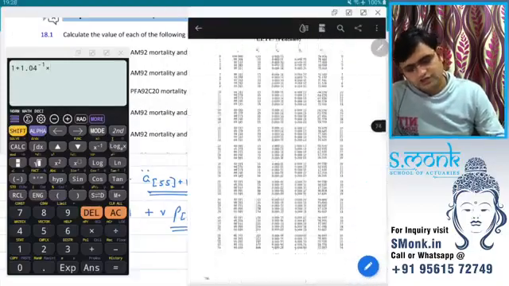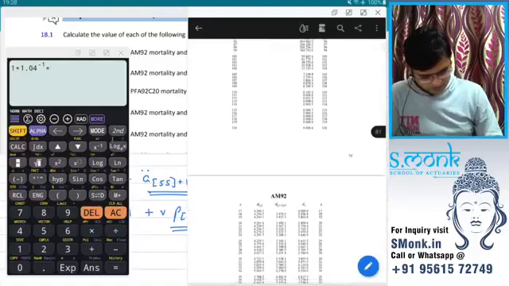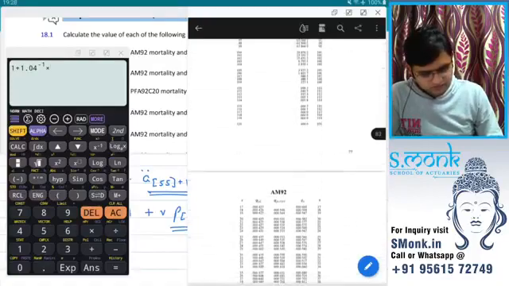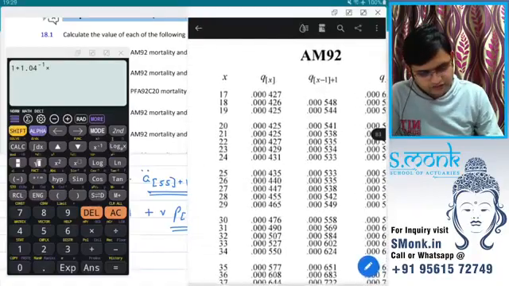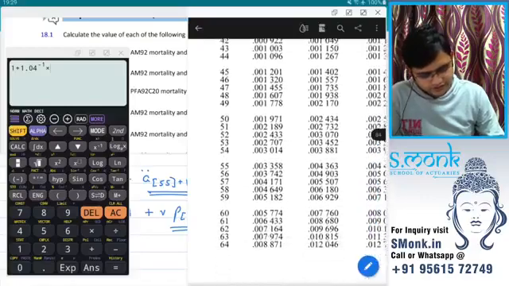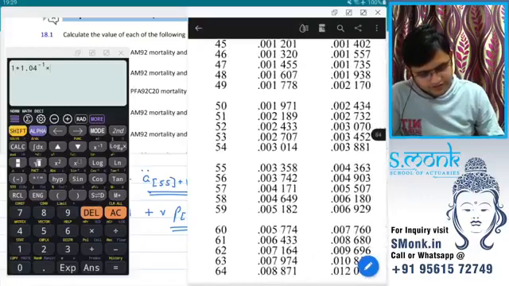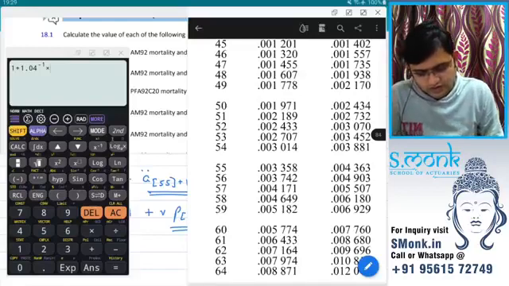I can just look up the Q table. Q table, middle value 55 plus 1 will give me 56. For 56, I am looking for the middle column.